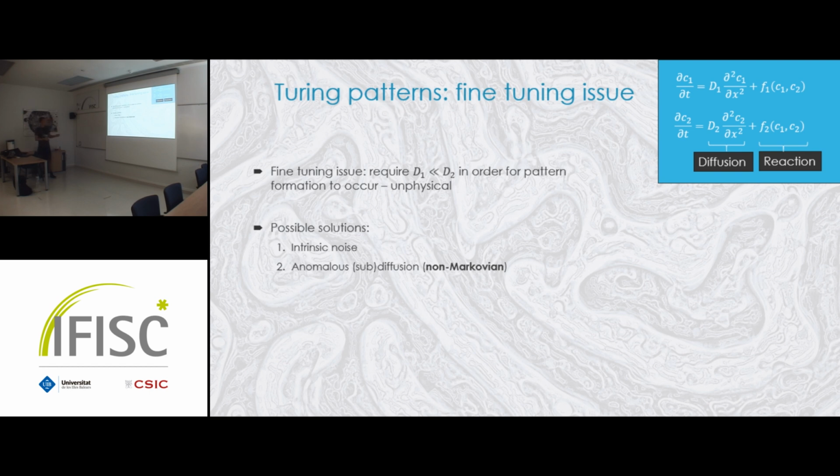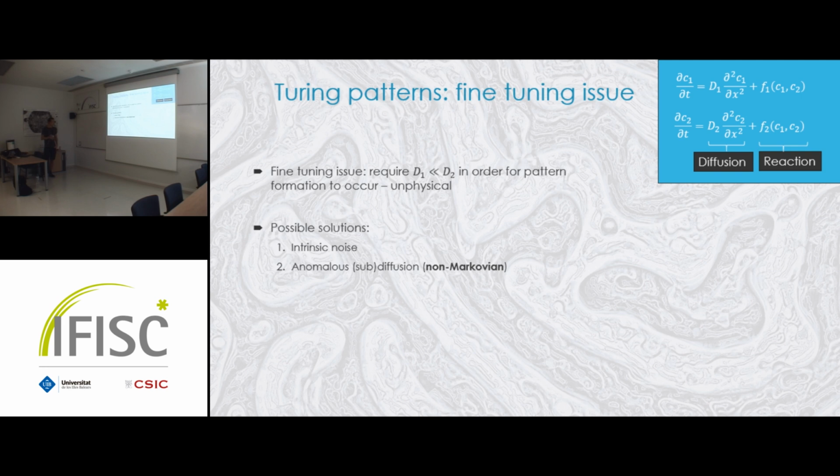In this system, you'll see a greater range of diffusion coefficients for which you see patterns than you would in Turing's original model. So in this sense, intrinsic noise can mitigate this issue and make it so that the diffusion coefficients don't have to be quite so far apart. I'll show you what I mean by that in a bit more detail in the next slide.